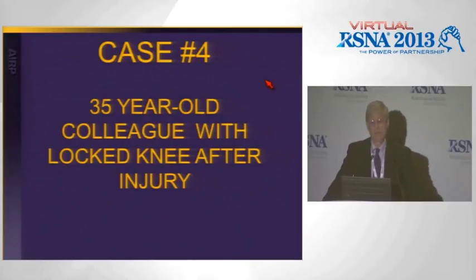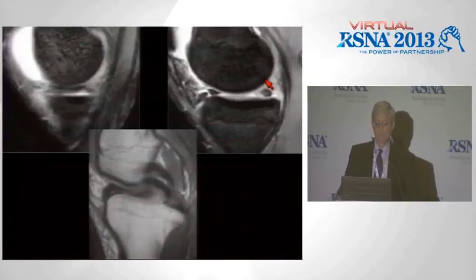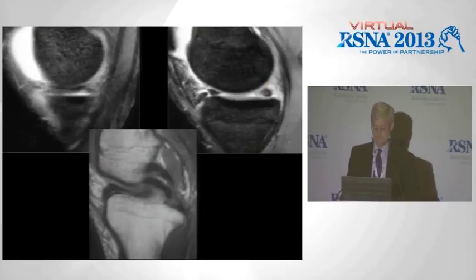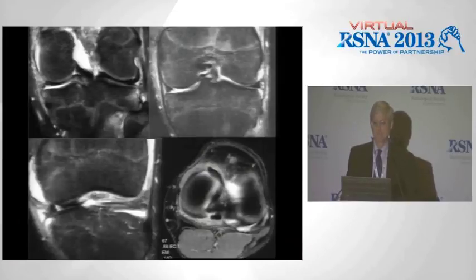The fourth case is a 35-year-old. We saw this case within the last 6 months. A colleague, she's an anesthesiologist. She presented to the ER with a locked knee after an injury. And I show you these images and these images.